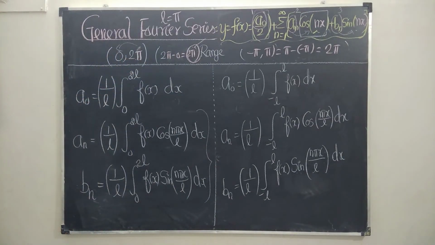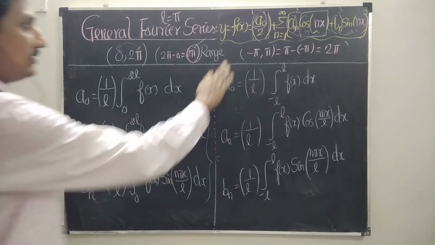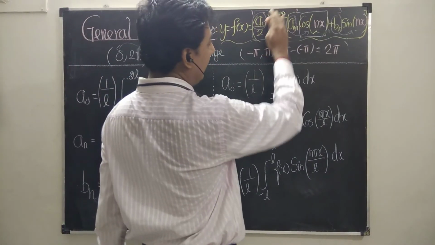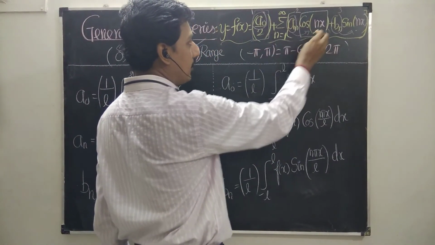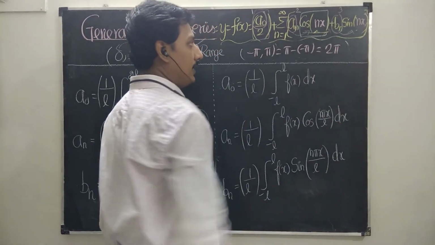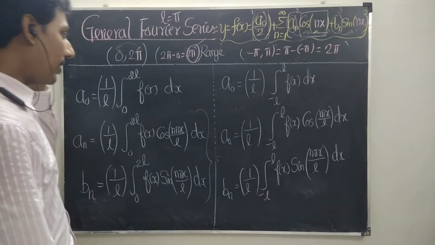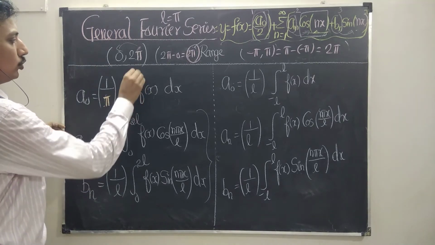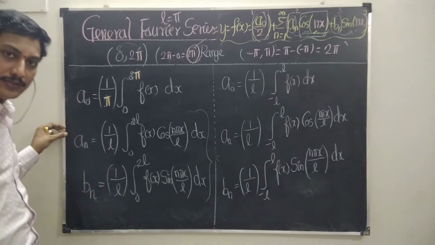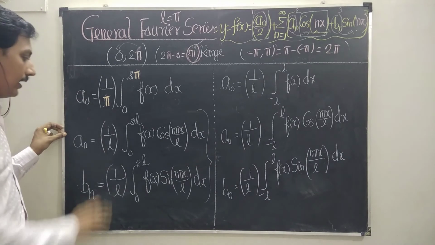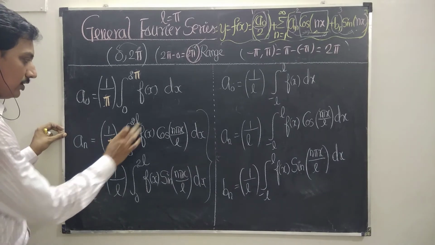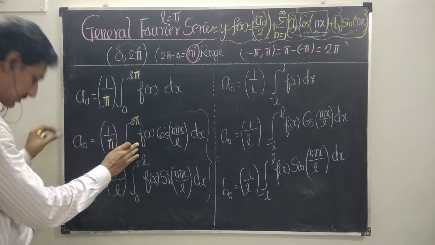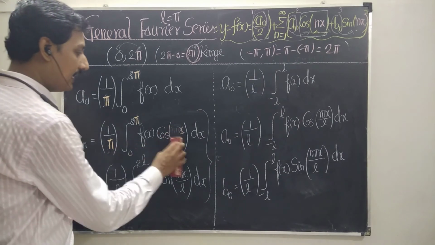Now can you change the entire formula? What will we get? The Fourier series now changes to A0 by 2 plus sigma n equal to 1 to infinity of An cos nx plus Bn sin nx. So the formula for A0 is 1 by pi integral 0 to 2 pi f of x dx. What about An? 1 by pi integral 0 to 2 pi f of x cos nx dx.